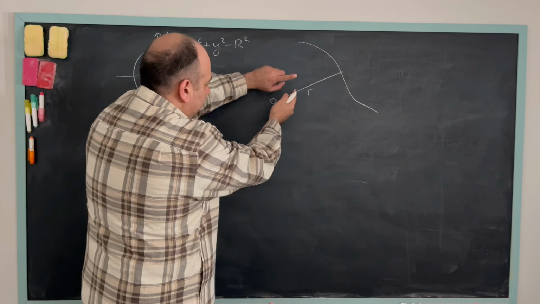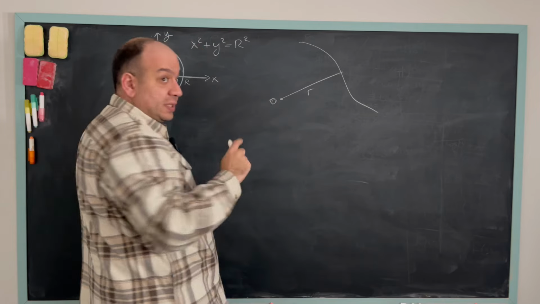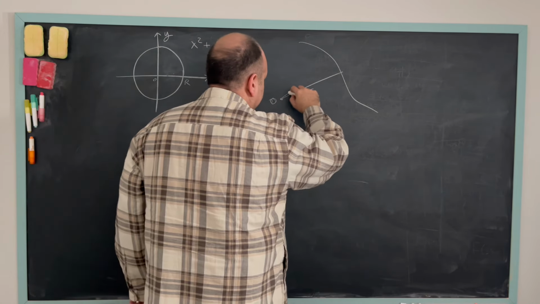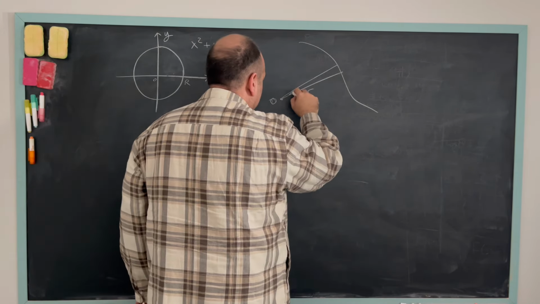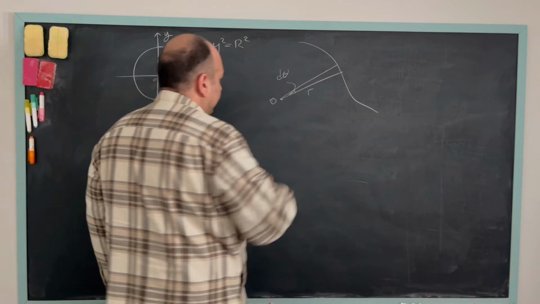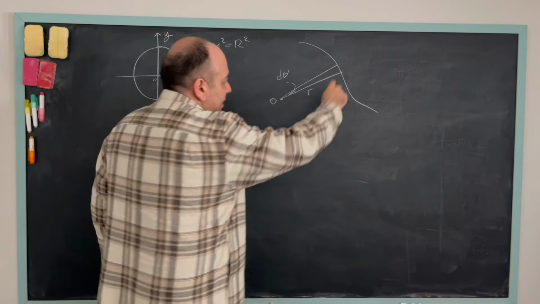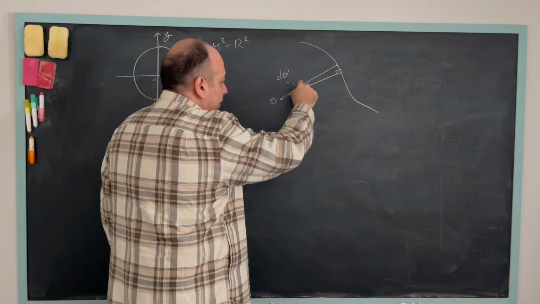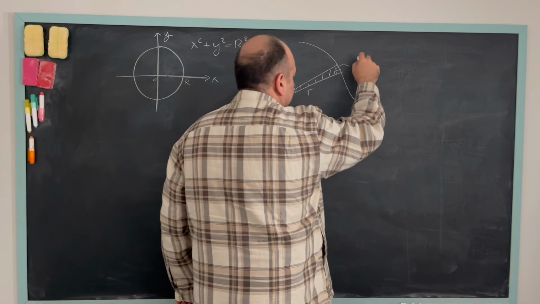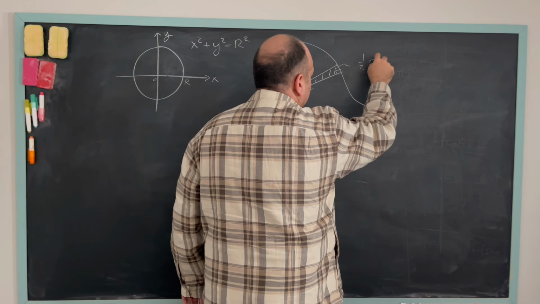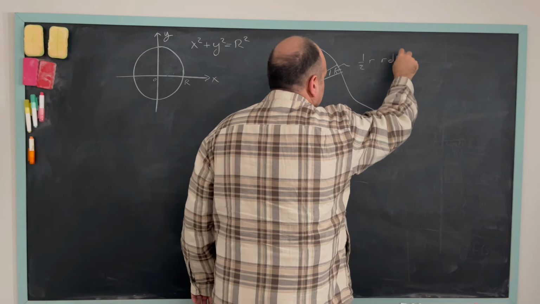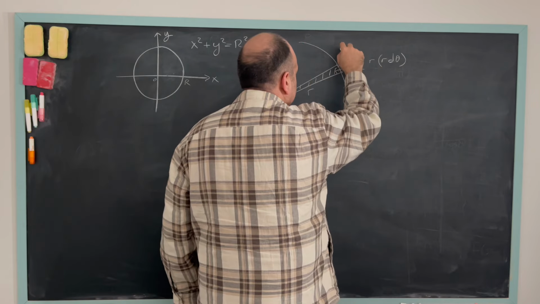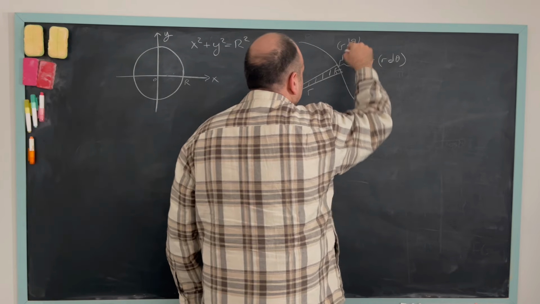So if I make an angular displacement, but a differential one, so let's call it d theta, I actually create some sort of a right triangle here. So the differential area here just becomes 1/2 r times r d theta, because this length here is r d theta, right?